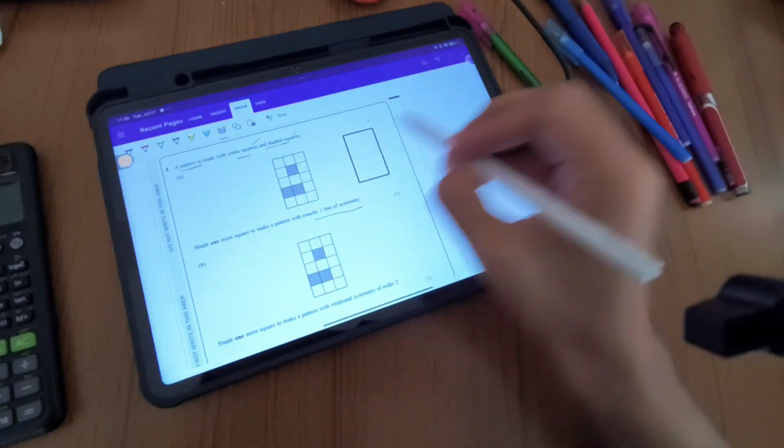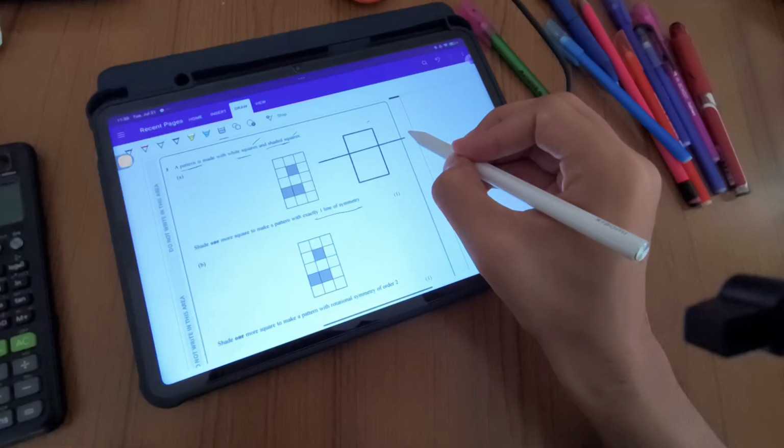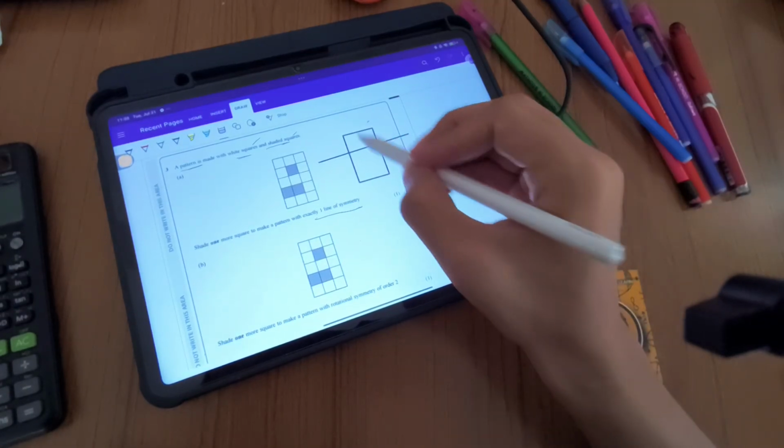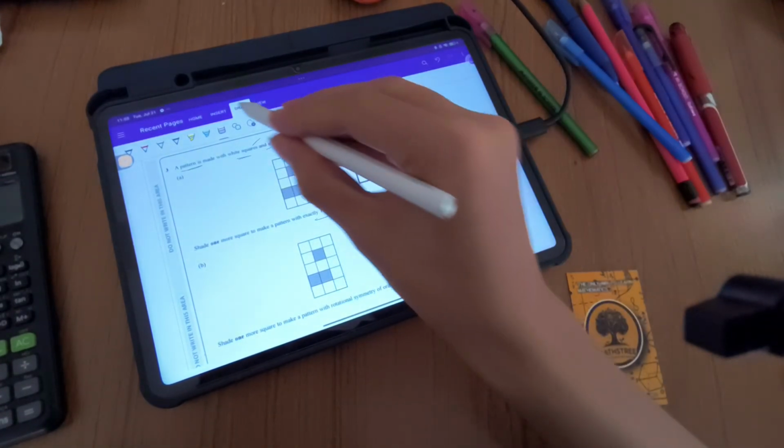How do we do that? We try to divide this page into 4 equal parts.